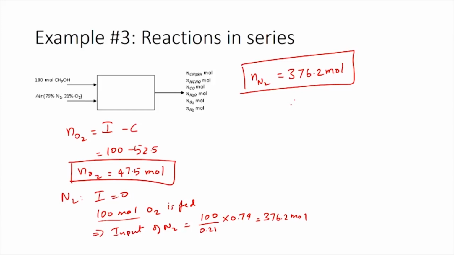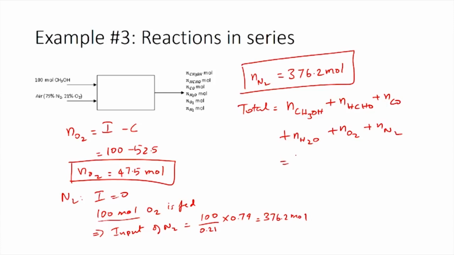Total number of moles in your product gas would be total equals N CH3OH plus N HCHO plus N CO plus N H2O plus N O2 plus N N2.